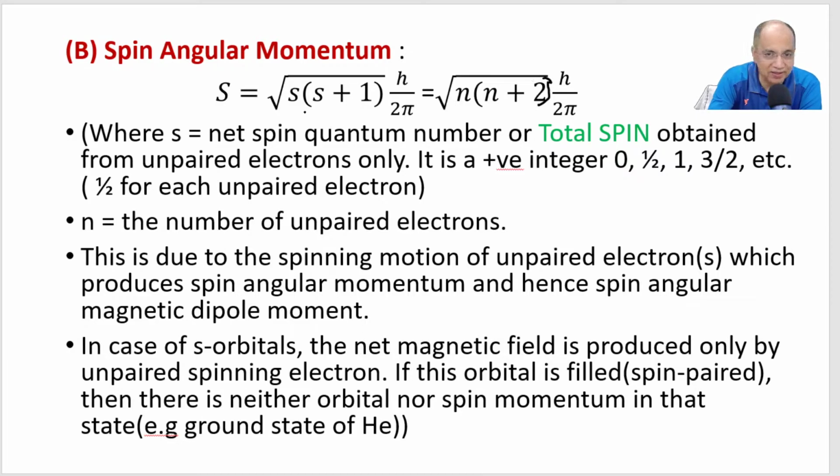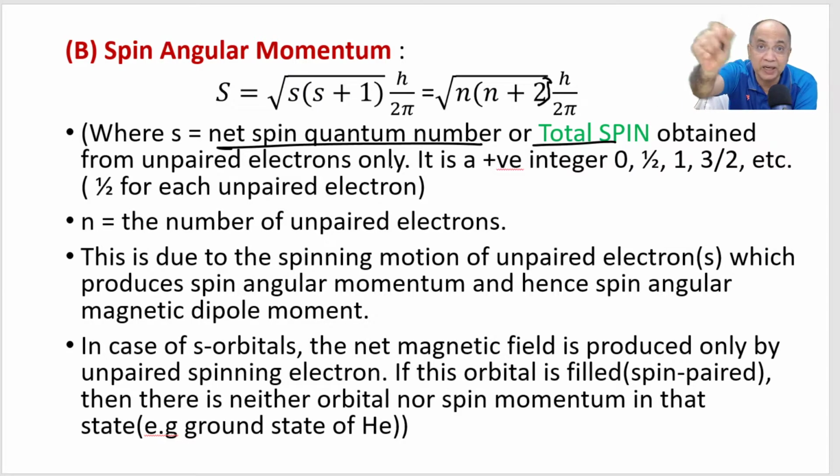What is S? S is not always half. Yes, if there is only one unpaired electron, S is half. But if there are two unpaired electrons, half plus half is equal to 1. Here S is the net spin quantum number, which is sometimes called total spin, obtained from all the unpaired electrons.